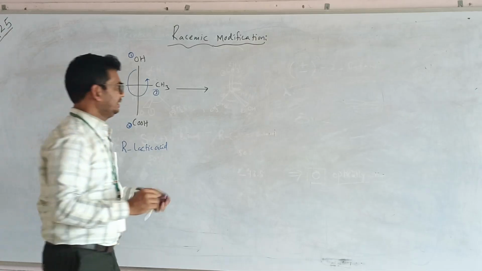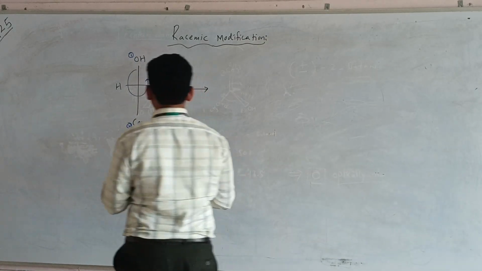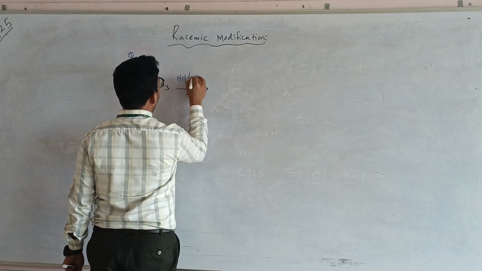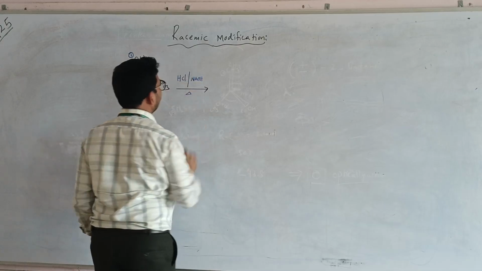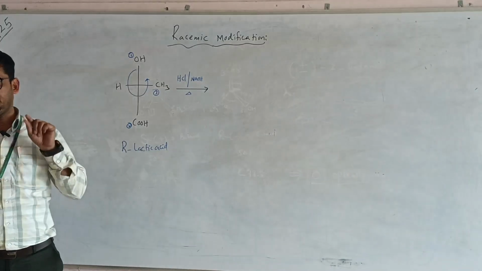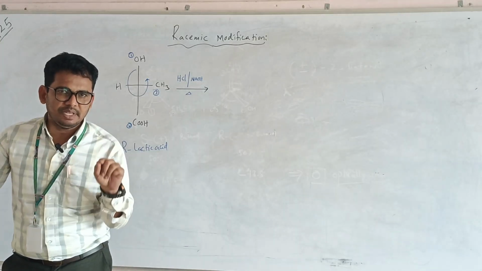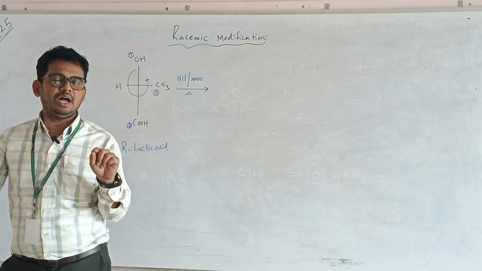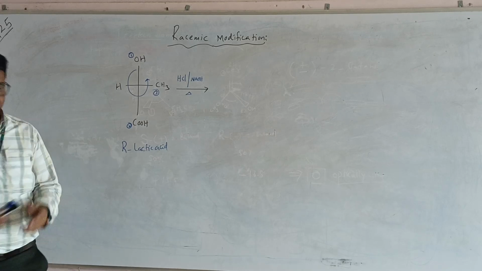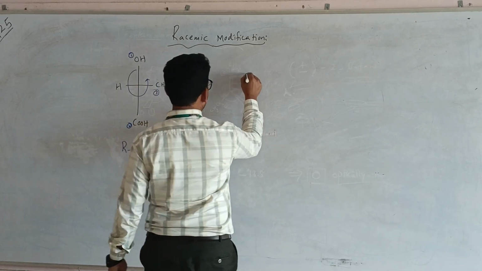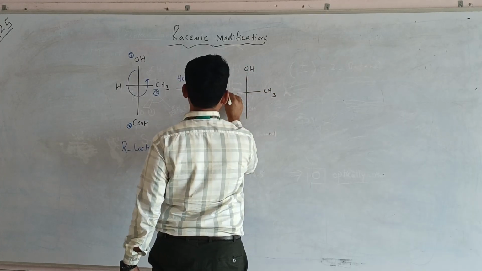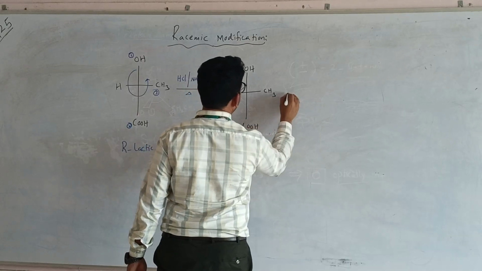To the R lactic acid, when we heat it in the presence of acid or base, remember, in the presence of acid or base, you can treat with the acid or with the base, then two enantiomers are produced. How will it be? Just see. OH, CH3, H, COOH: this is one enantiomer.